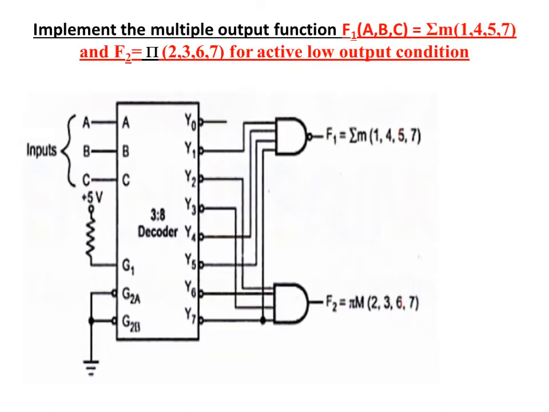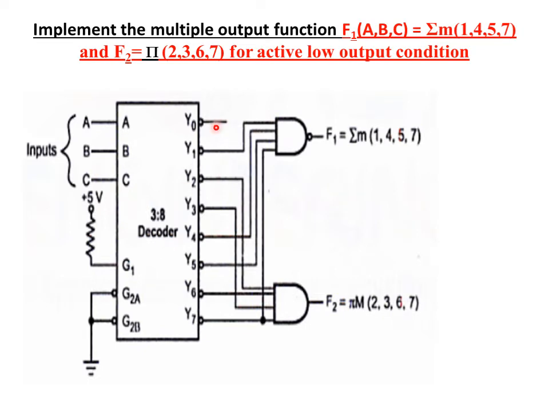Implement the following multiple output functions F1 and F2 for active low output conditions. F1 is in SOP form and F2 is in POS form. Here we take an active low output decoder. A 3:8 decoder is chosen and the inputs are A, B, C, and these are the enable inputs G, G̅B, and this is the ground, sorry, this is the supply of the decoder IC.